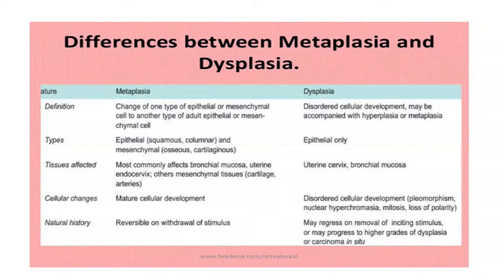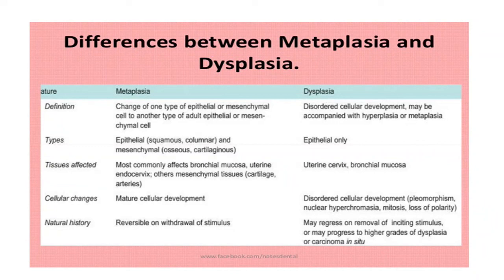It is not that you are going to nurture the cell that is coming to replace; no, an already mature cell replaces a cellular development. But with dysplasia, a disordered cellular development, there's pleomorphism, nuclear hyperchromasia, mitosis may happen, loss of polarity may happen, meaning that there are smaller cells that are supposed to start.